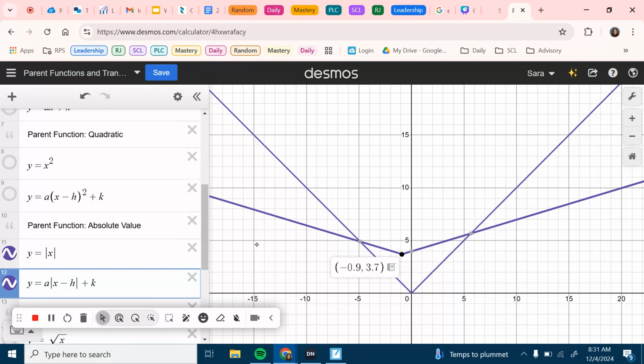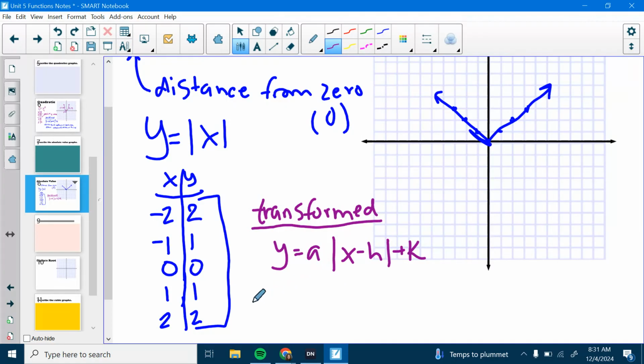So, same idea. Our vertex moves. So that low point is going to move, or the high point is going to move.